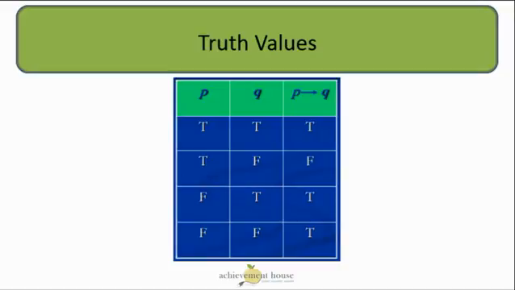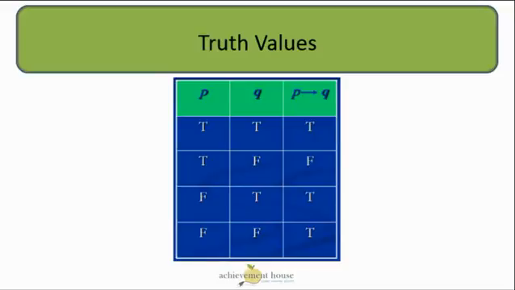That's not always true. So what we have to do is evaluate both parts of an if-then statement. We have to evaluate the hypothesis and evaluate the conclusion. Whether or not both of those parts are true or false is going to tell us whether or not the whole statement, if P then Q, is true or false.